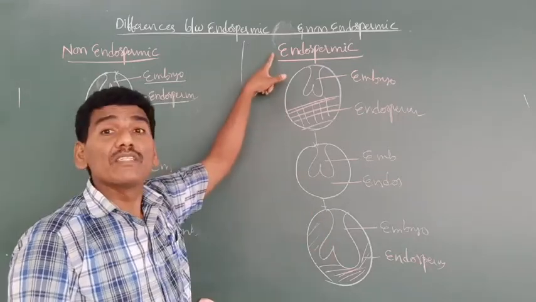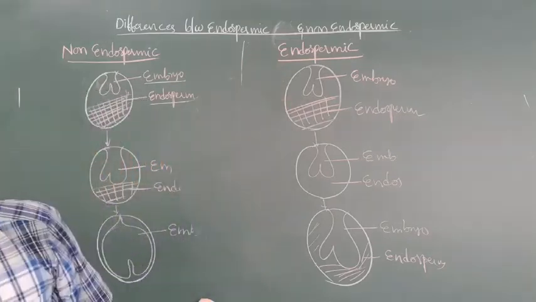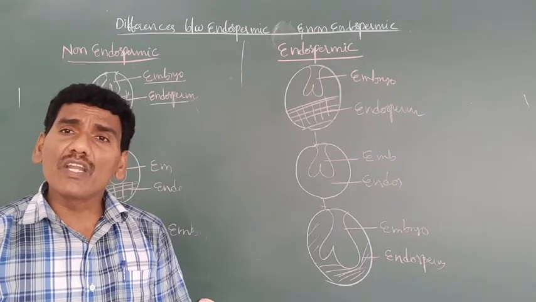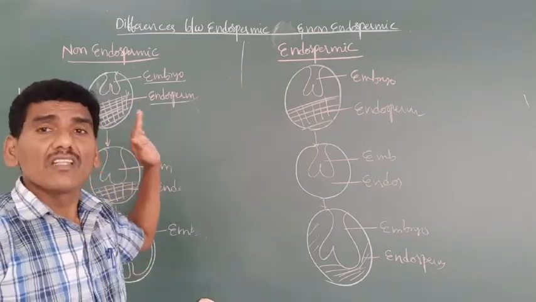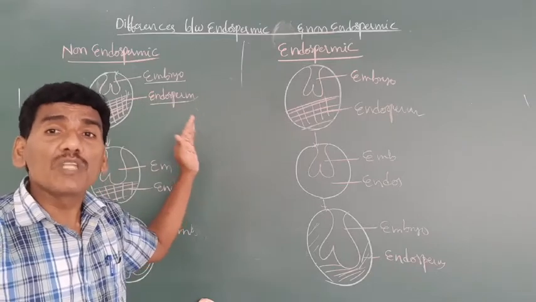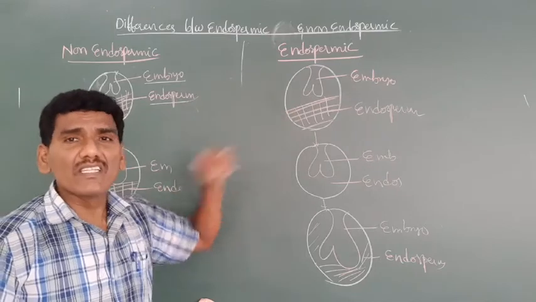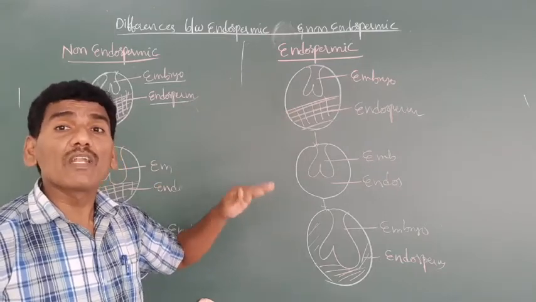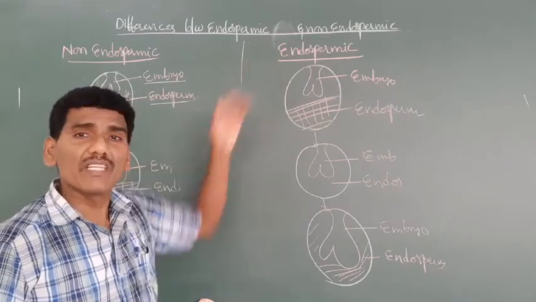What is the main difference between non-endospermic and endospermic seeds? In non-endospermic seeds, the endosperm is completely utilized for the development of the embryo, but in endospermic seeds it is not completely utilized.